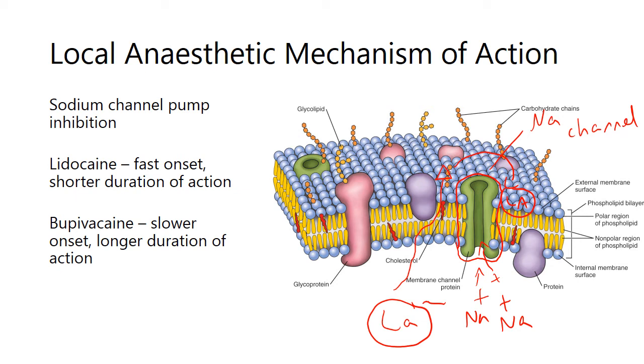The transmission of that neurological signal still starts with the noxious stimuli. It still creates an action potential at the nociceptors, and that travels down the nerve fiber. However, at some point that nerve fiber is bathed in this local anesthetic agent, which, as I said before, is able to travel through the cell membrane and attach itself to this sodium channel protein, therefore blocking any further transmission of that neurological signal.